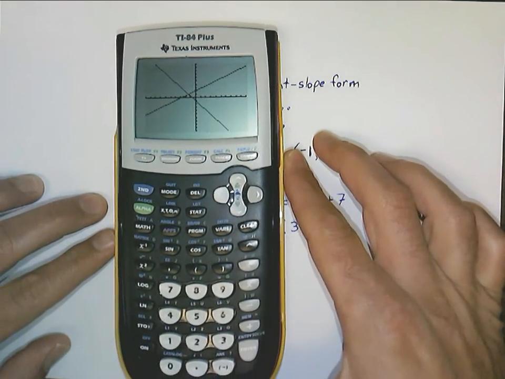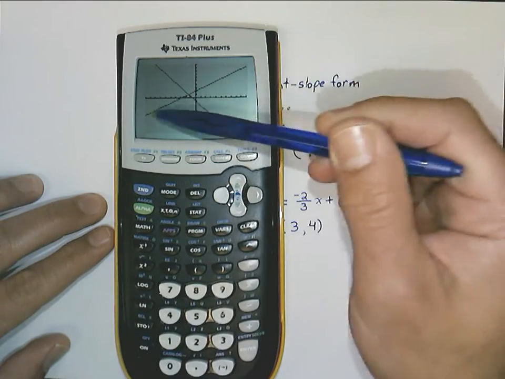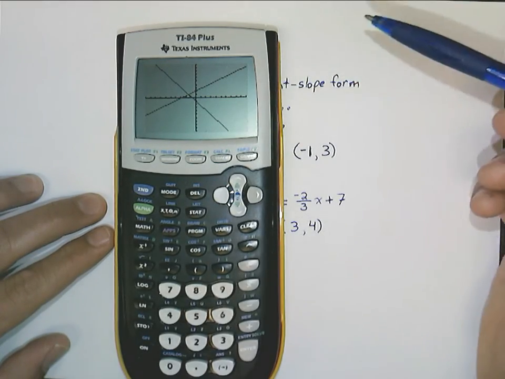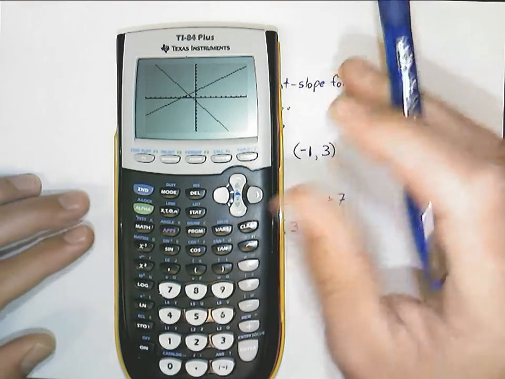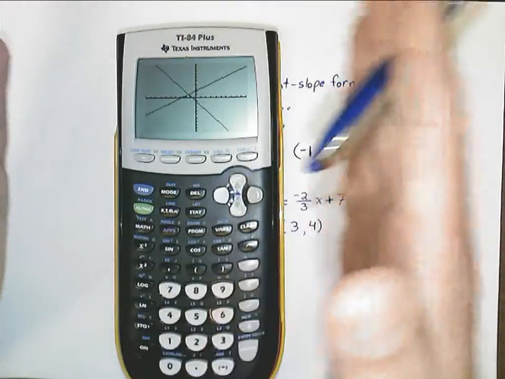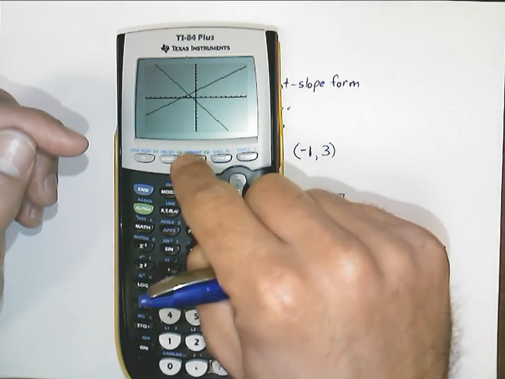Now if we look really close, actually these two lines don't really look like they're perpendicular to each other. Well, that's because the screen on your calculator is a little bit skewed. It's more stretched out horizontally than it is vertically. So to fix that, there's a nice little function here.